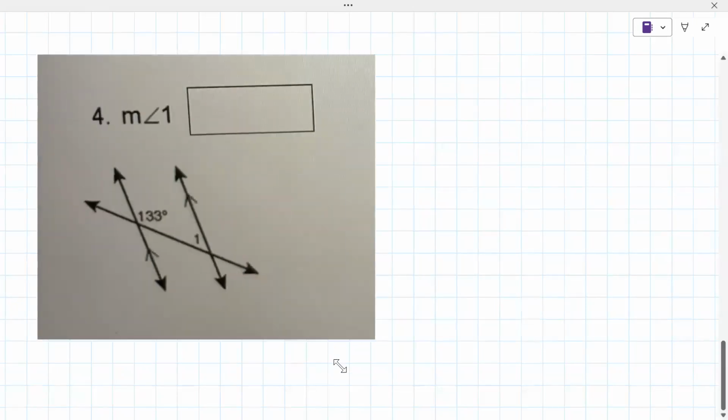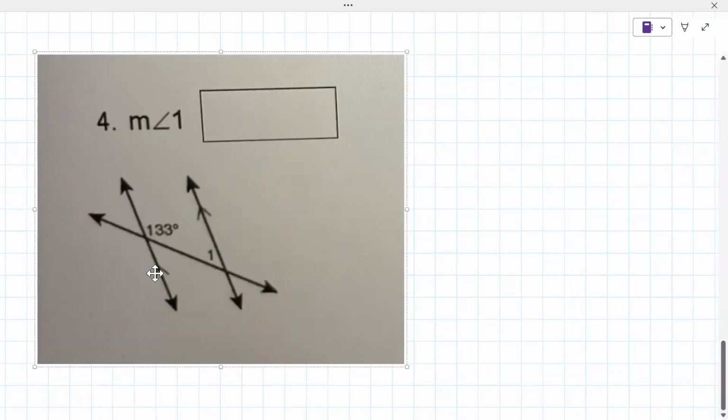Okay, finally we have one that is a little bit different. Number 4, but it's the same procedure in terms of trying to determine what it is. Are these on the same side of the transversal? Transversal is down here. They are, so they're same side. Are they both in the interior, both in the exterior, or one each?